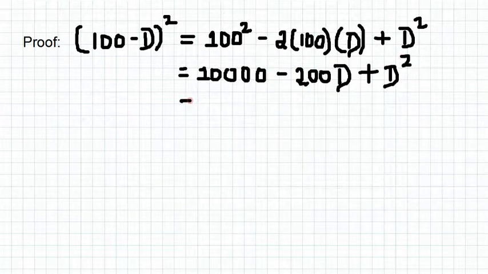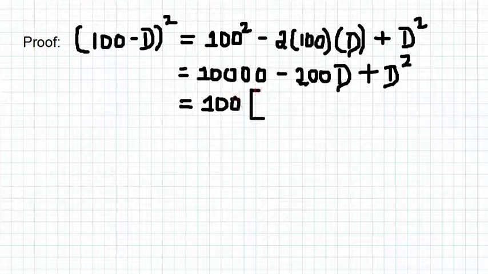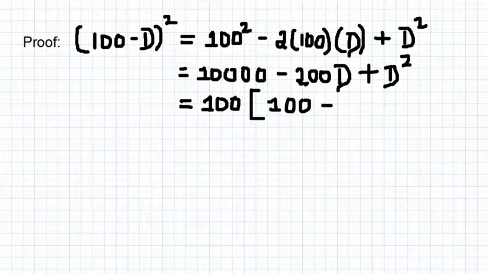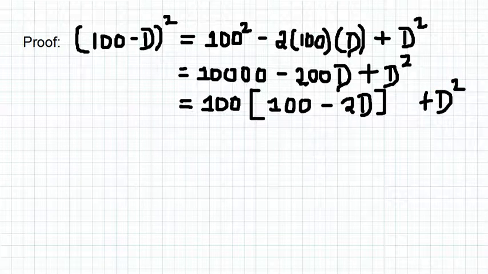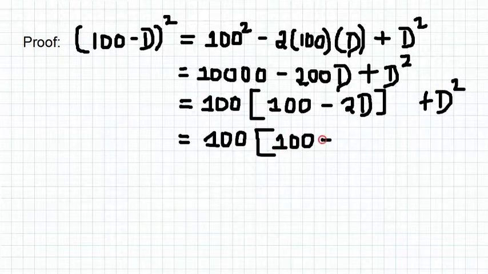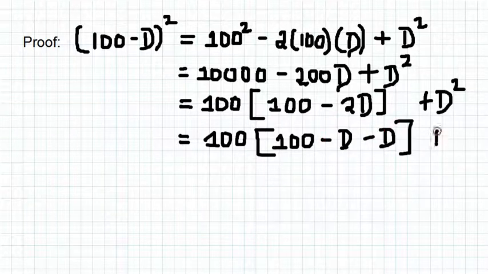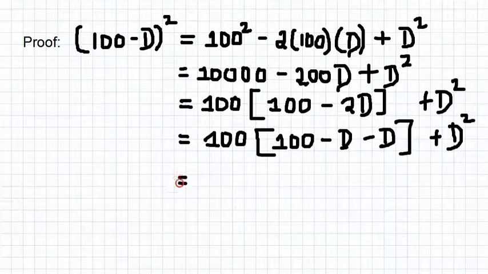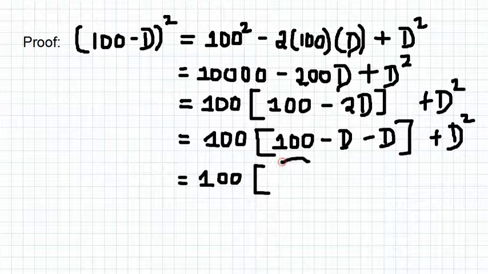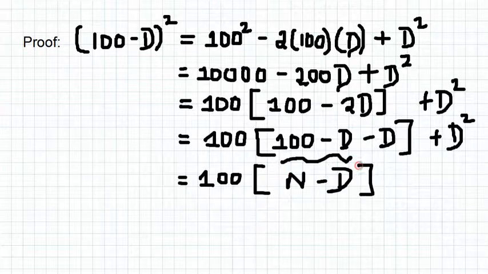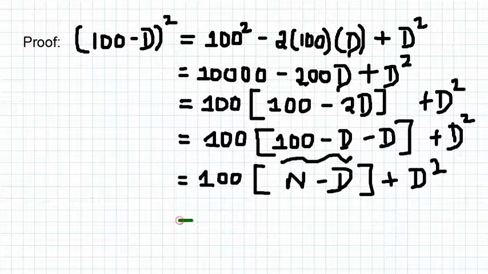It is 10,000 minus 200d plus d square, 100 common, so 100 into 100 minus 2d plus d square. Now let us split 2d as d plus d, so 100 minus d plus d square. Now let us take 100 minus d as n, substitute it, and 100 into n minus d plus d square.